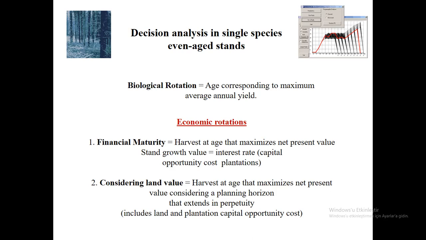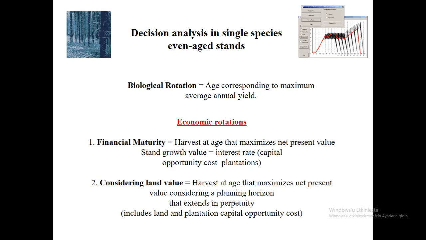In terms of financial analysis or economic point of view, there are basically two types of rotation periods. The first one is financial maturity, the age at which the stand reaches financial maturity. So we are harvesting at the age that maximizes the net present value.